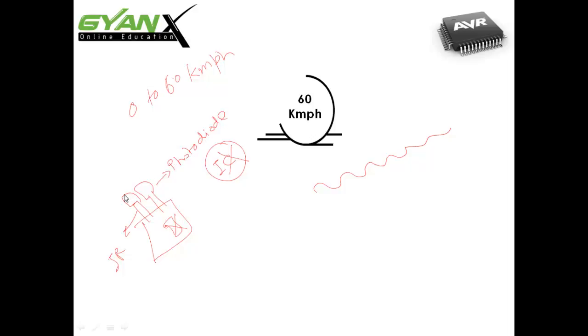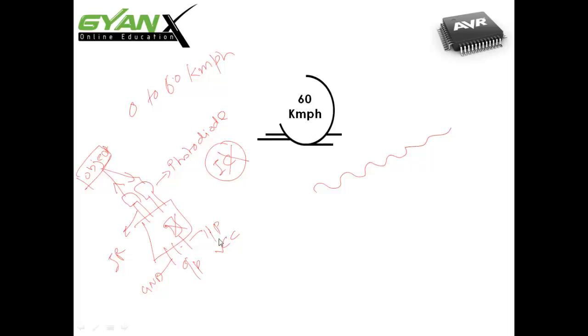So whenever the beam goes out from the IR and is reflected back to the photodiode, it indicates whether something is present in front of the IR LED or not. So in this way you can use the IR. Higher the intensity of the radiation falling on the photodiode, higher will be the output voltage. From here you can take the output from 3 pins: this one is the ground, this one is the input, or you can say it's the VCC.